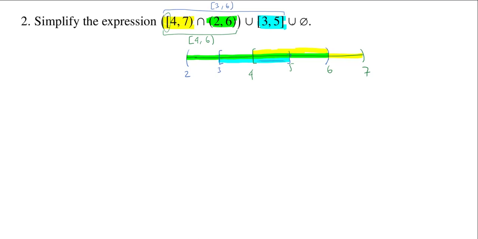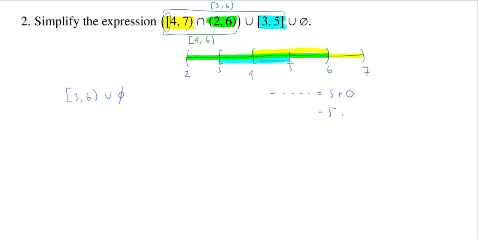Okay, and then the last thing is I get union with the empty set. And a lot of people on the exam got to here and then just left it blank, right? They just stopped right here. They said, well, nothing more to do. Well, this is like saying some long expression, and then at the end I get 5 plus 0, and then you just refuse to write equals 5, right?